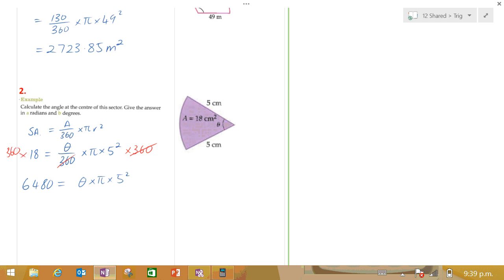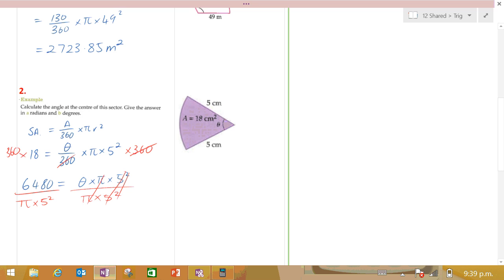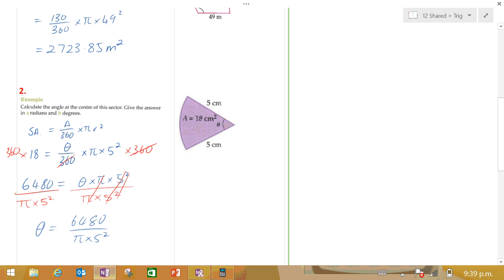Now we want to get theta by itself, so we'll divide both sides by pi times 5 squared. Pi's cancel out, 5 squareds cancel out, and what we're left with is theta equals 6480 divided by pi times 5 squared.